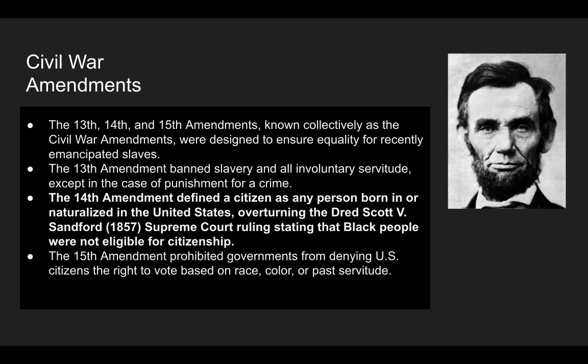This will overturn the Dred Scott case and the Supreme Court ruling stating that Black people were not eligible for citizenship. And then the 15th Amendment prohibits government from denying United States citizens the right to vote. So these three collectively were created to protect the freed slaves from being denied their citizenship, from being denied their right to vote, and from being enslaved again.